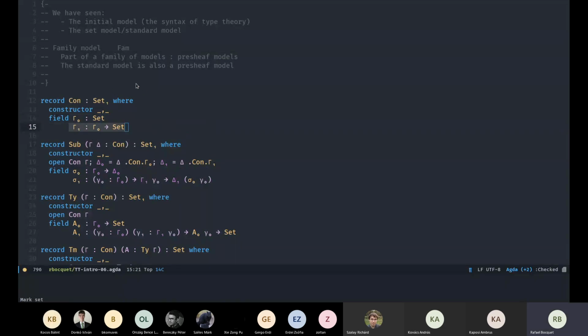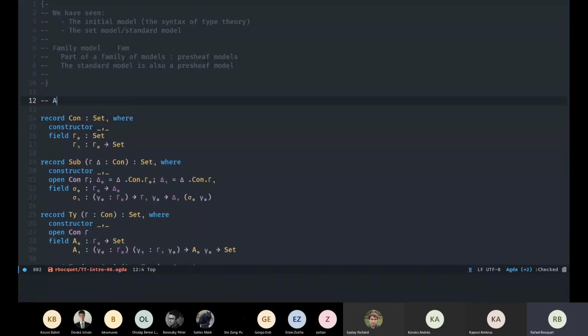And somehow all of the components of the family model are pairs of an element in the base and an element in the family.